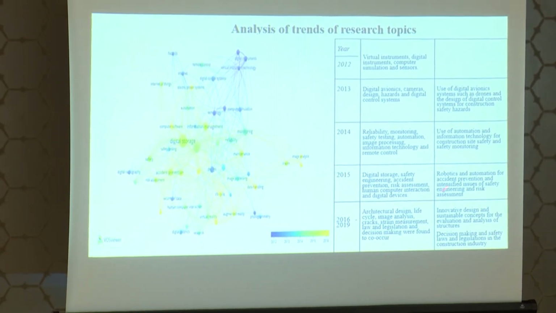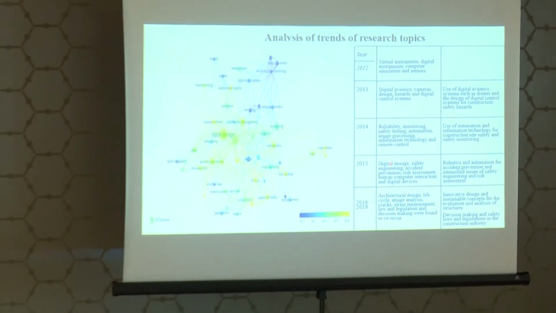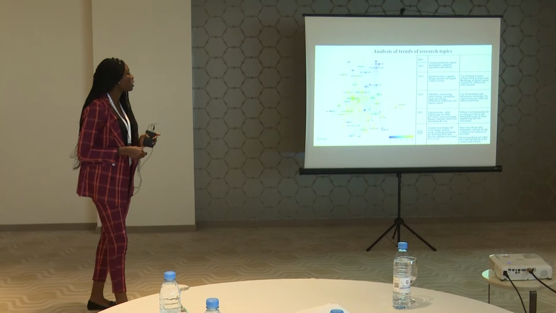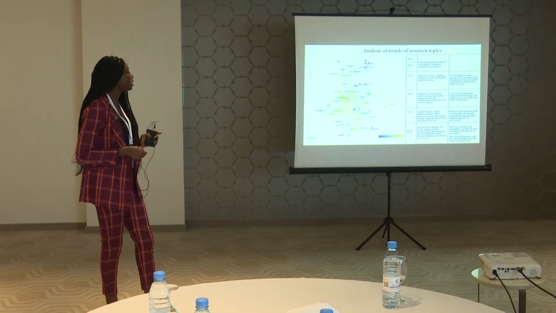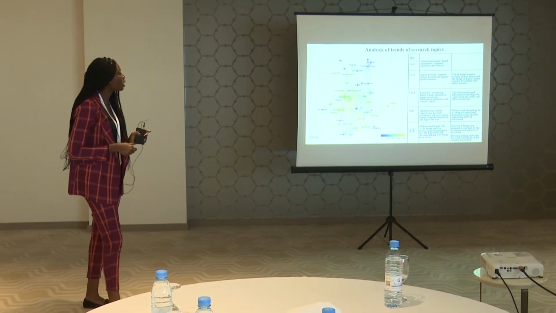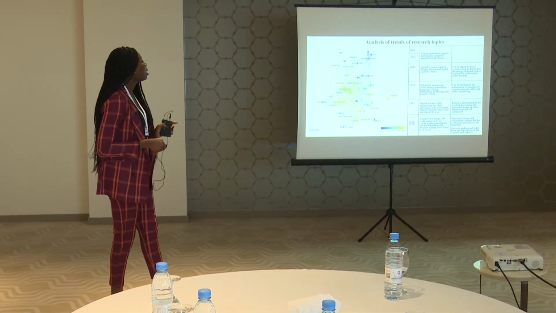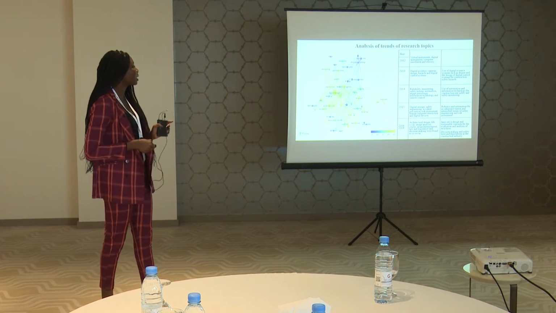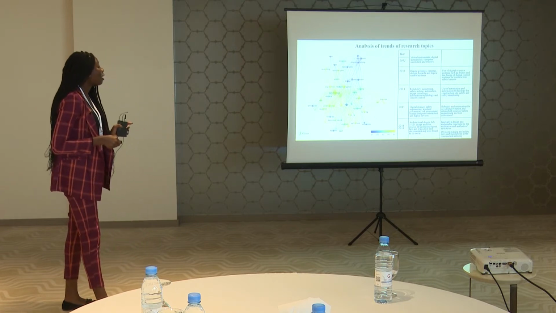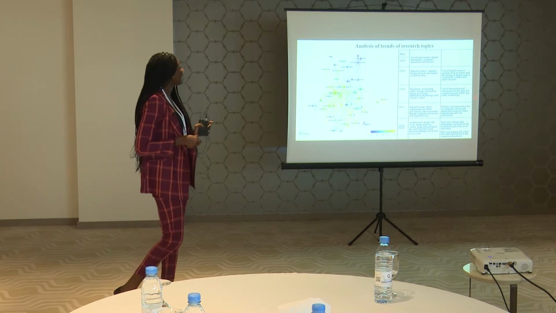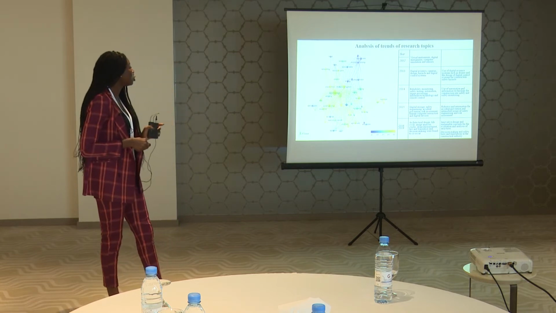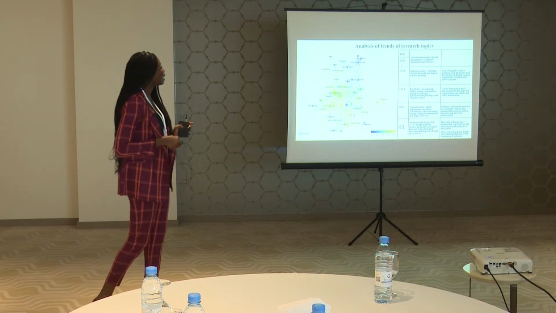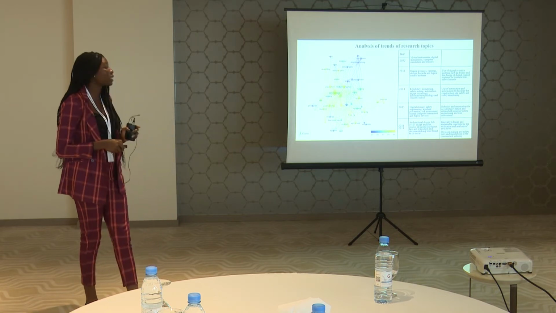In 2015, keywords such as digital storage, safety engineering, accident prevention, risk assessment, human-computer interaction, and digital devices were found, and this shows that in this year, research on robotics and automation for accident prevention was conducted, and this research also intensified issues of safety engineering and risk assessment.